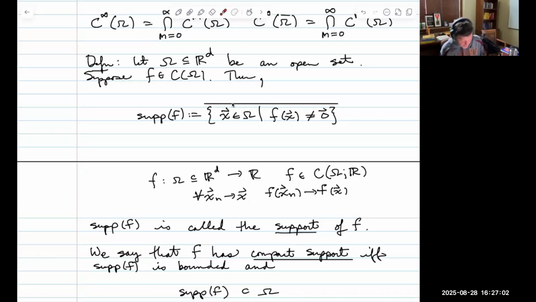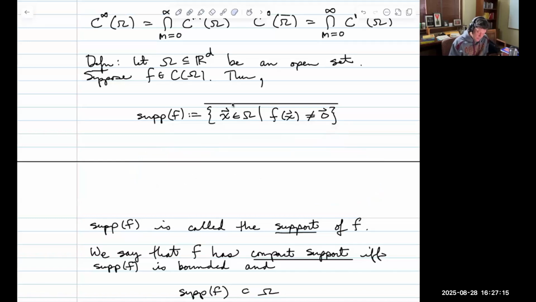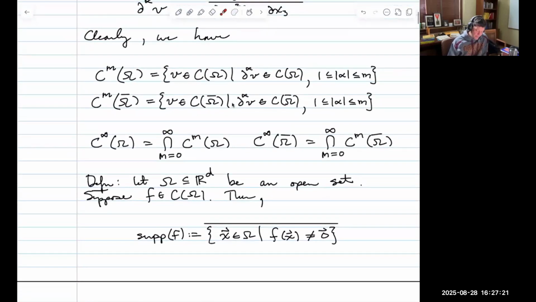I find this sequential definition is easiest, but you could use other definitions involving epsilons and deltas as well, which turn out to be equivalent. I like this one the best. But I'll assume that you have some familiarity with that, and we won't belabor that point.